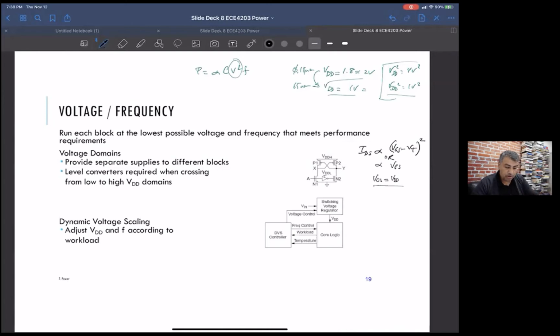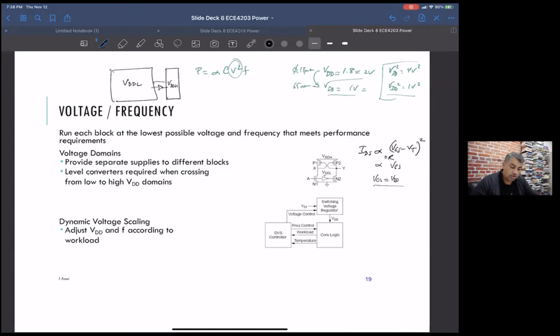So you use different power voltage domains, but you have to be a little bit careful, because if different parts of the chip are running at different domains, you're going to have situations where a low supply domain needs to talk to a high supply domain, whether it's a control signal or whatever. And that situation you have to be careful about.